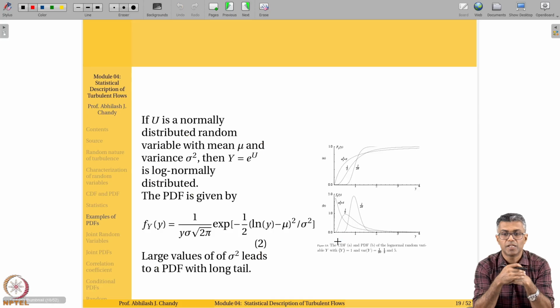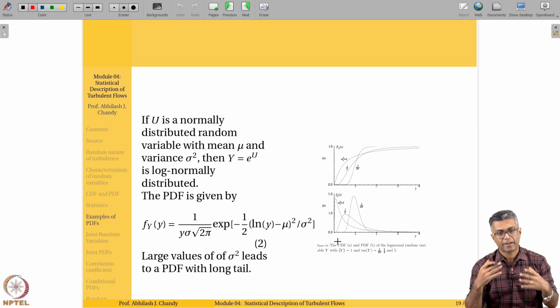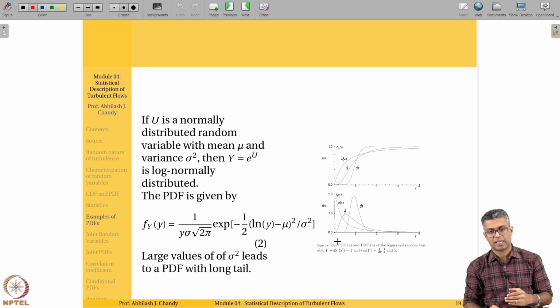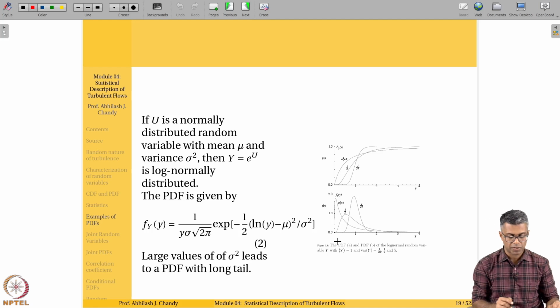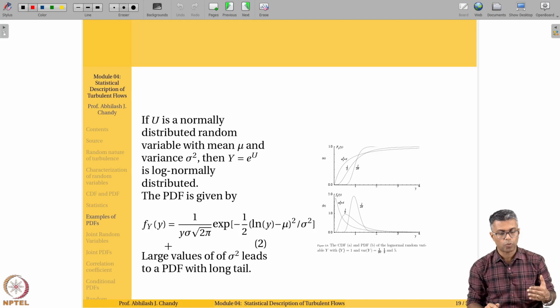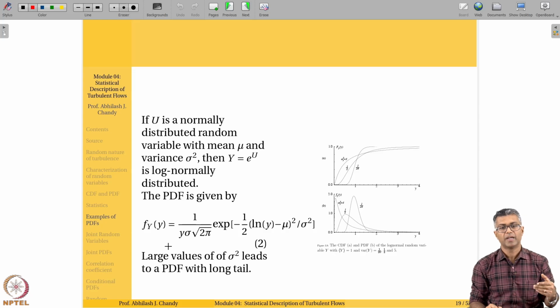Next one is a log normal random variable. This is used a lot in combustion calculations as well for describing mixture fractions. The log normal random variable is described by this equation: 1 over y sigma square root of 2 pi exponential minus half natural log of y minus mu, the whole squared, divided by sigma squared.